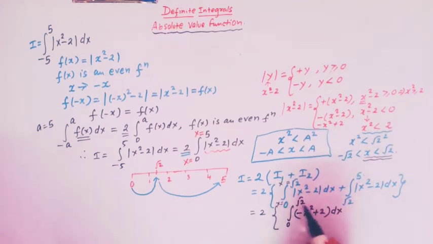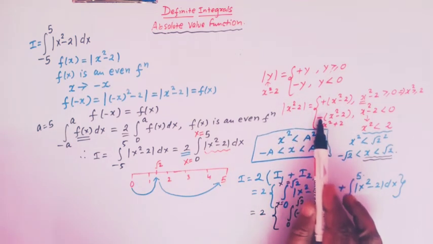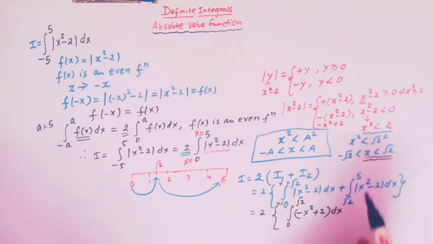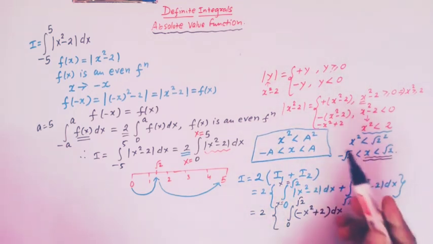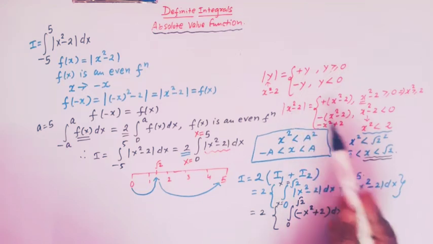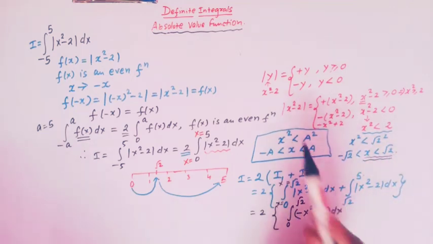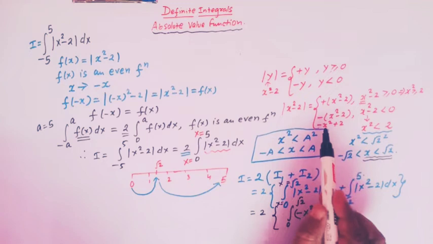Because here we have taken the sign of mod x square minus 2 as negative because x lies from 0 to root 2. It means for all the values of x which lie between 0 and root 2, this expression, that is x square minus 2, is a negative expression, right?